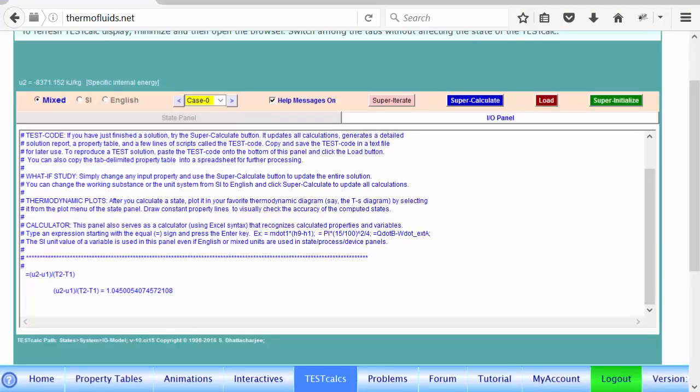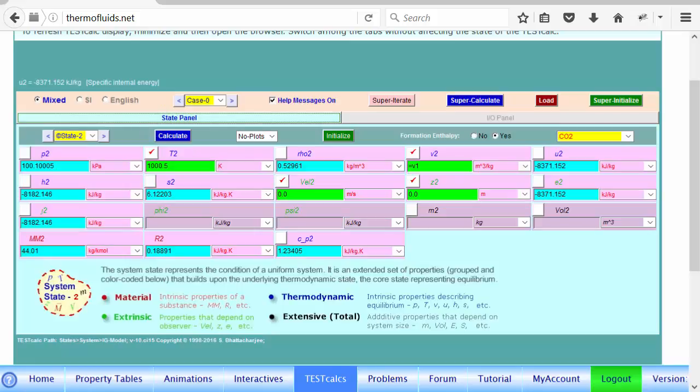Well, but if you go to the state panel, notice that CV is not produced, but the CP value is given here. And we know that CP minus CV equals R, so one can show that the CV value we got is pretty close to the actual answer.